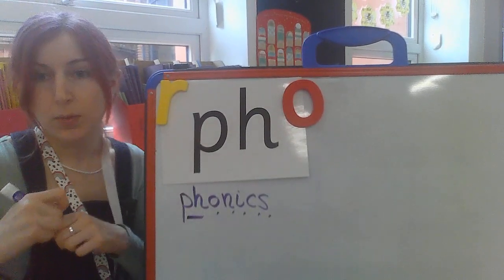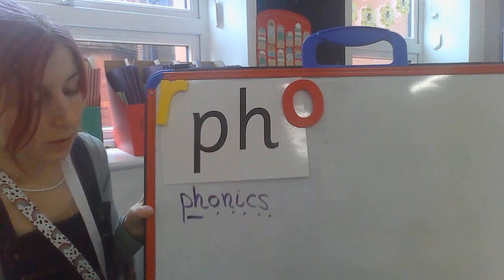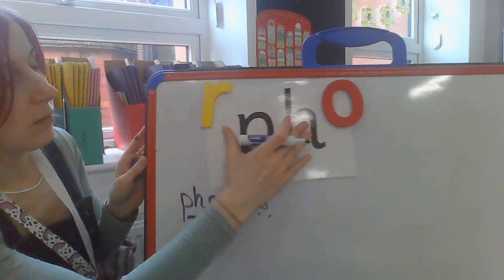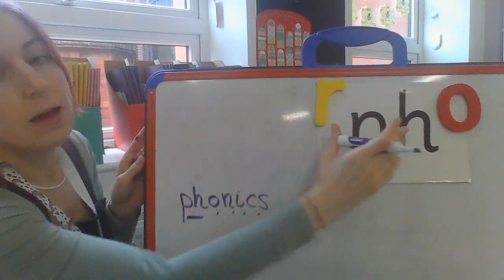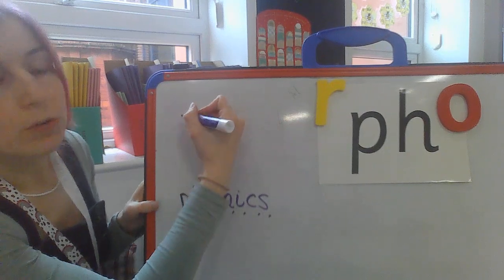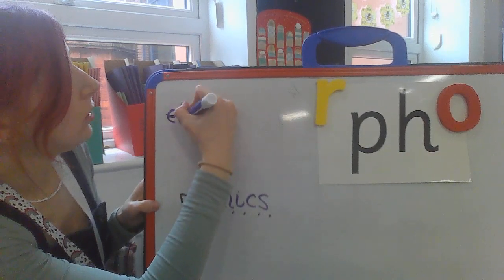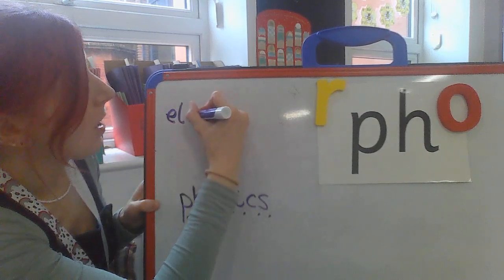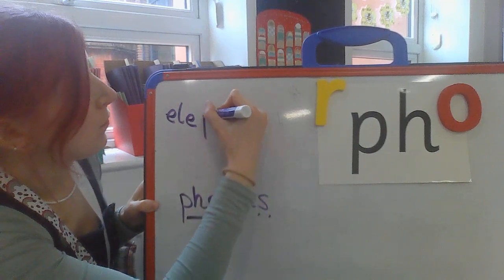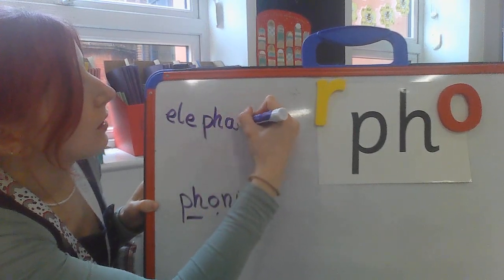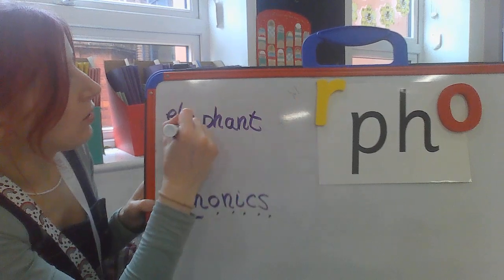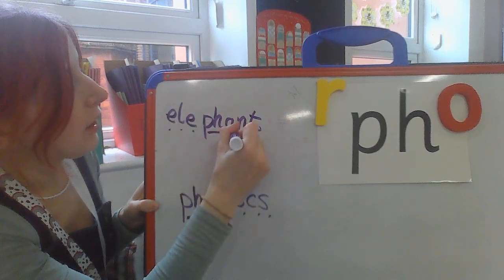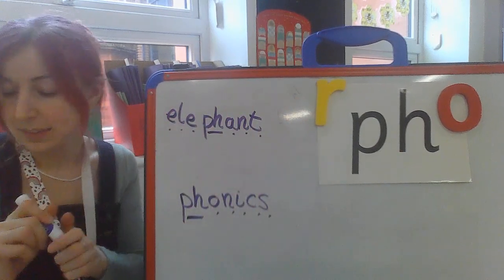So you take your time to write that one, pause the video, and then when you're ready, let's just move that over there. You sound it out for me and I'll write it. E-L-E-F-A-N-T. E-L-E-F-A-N-T. Great.